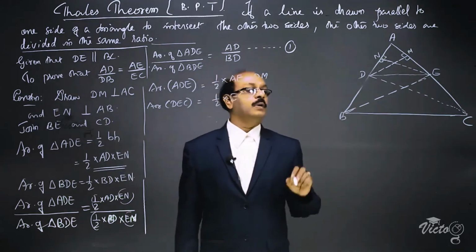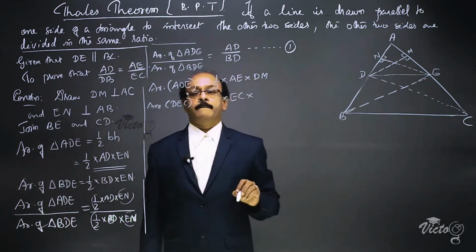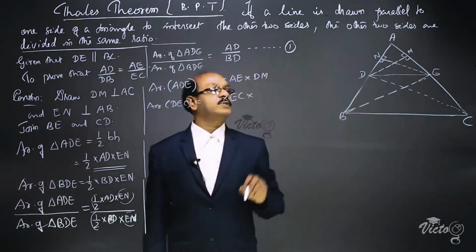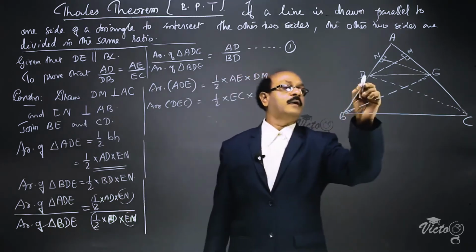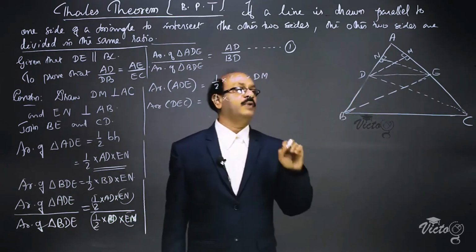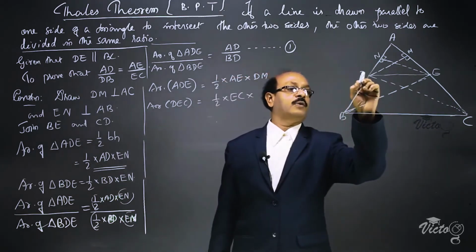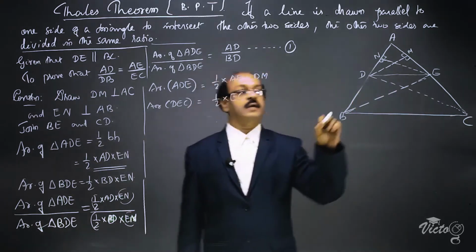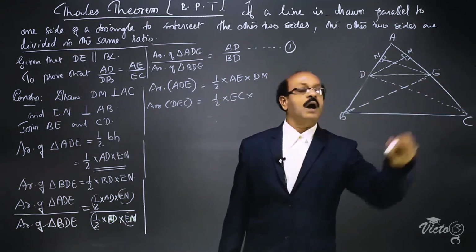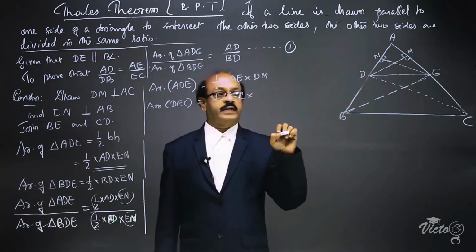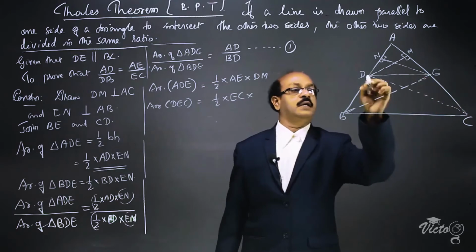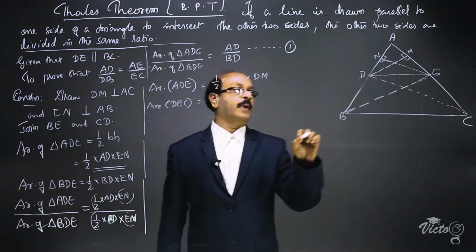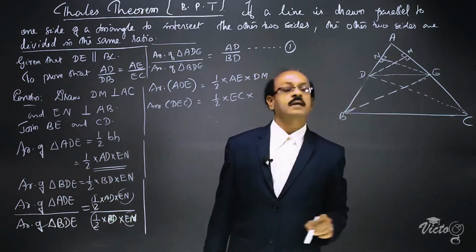Here triangle DEC is an obtuse angled triangle, and we cannot draw a perpendicular from D to the side EC.